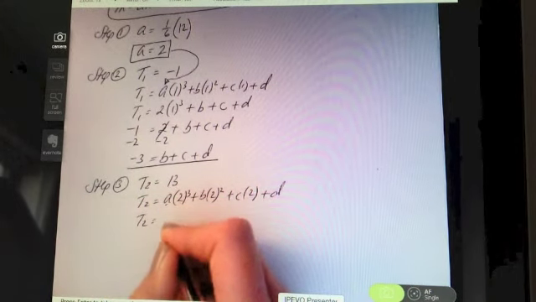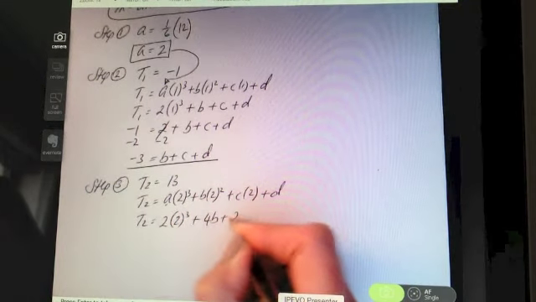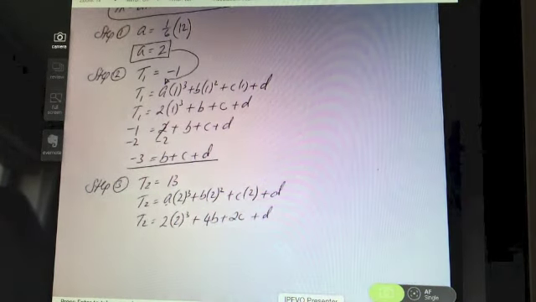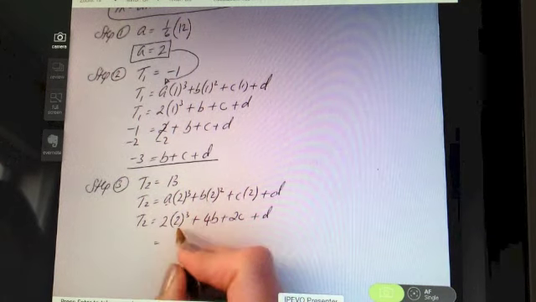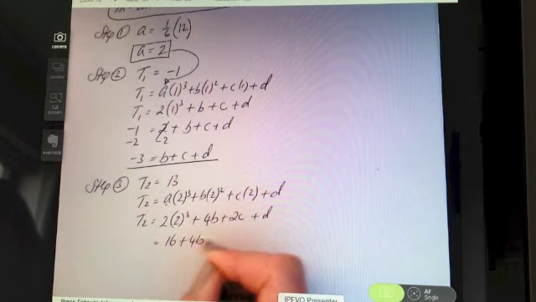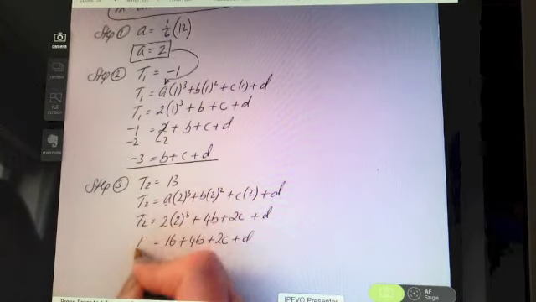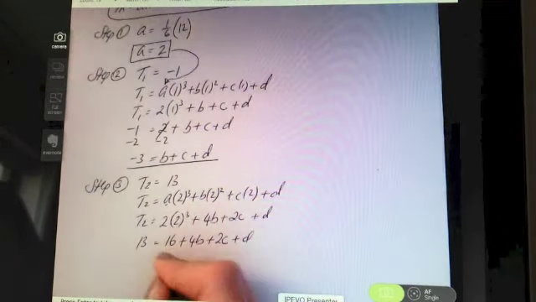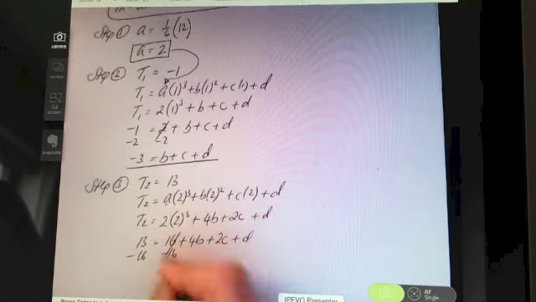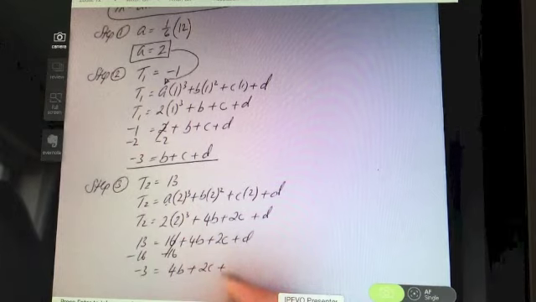A is, of course, 2. Two cubed is 8. 8 times 2, of course, is 16. And we know this all should work out to be 13. So fill that in as well. Tidy up the number work. I get -3 is equal to 4b plus 2c plus d.